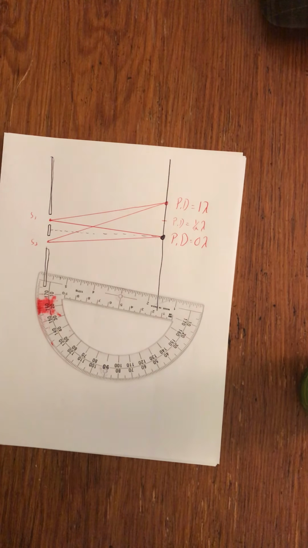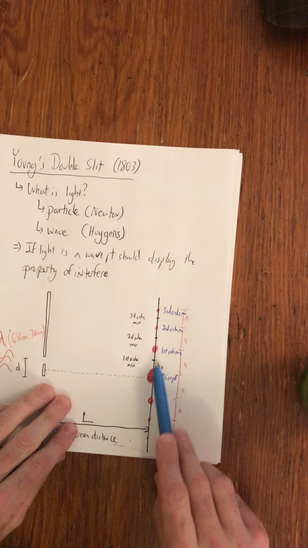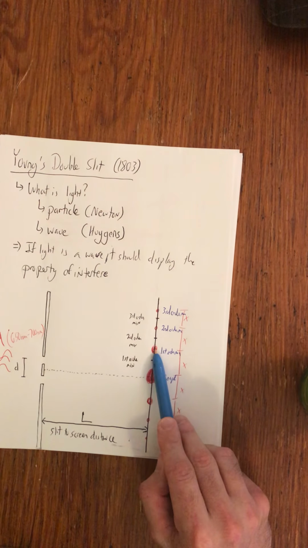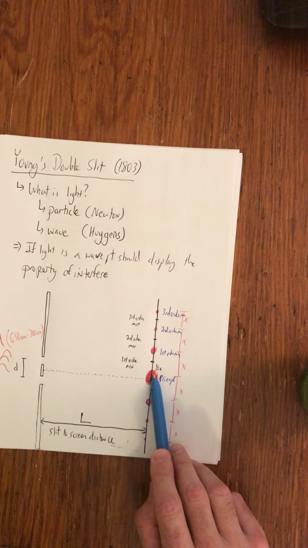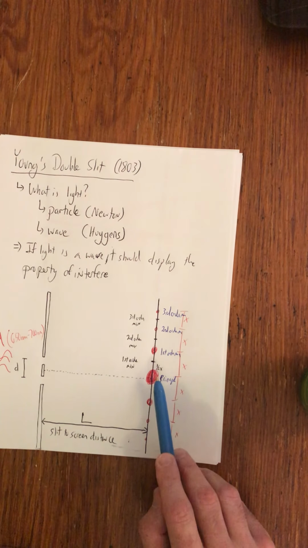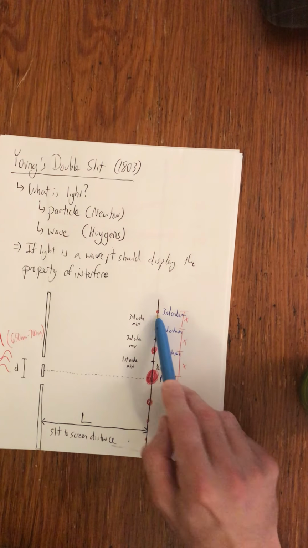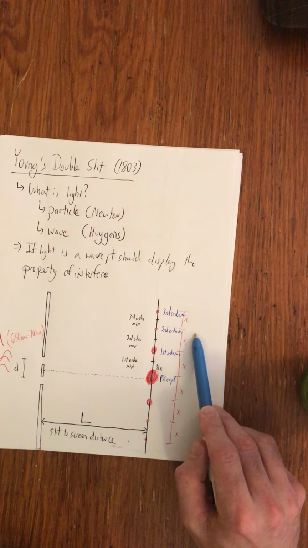But that's really nice because that correlates pretty clearly with something that we said here. Notice the first order max is happening at x, or 1x. The second order max is happening at 2x. The third order max is happening at 3x. Well, what's the path difference to the third order max? That's 3 lambda. What's the path difference to the second order max? 2 lambda.